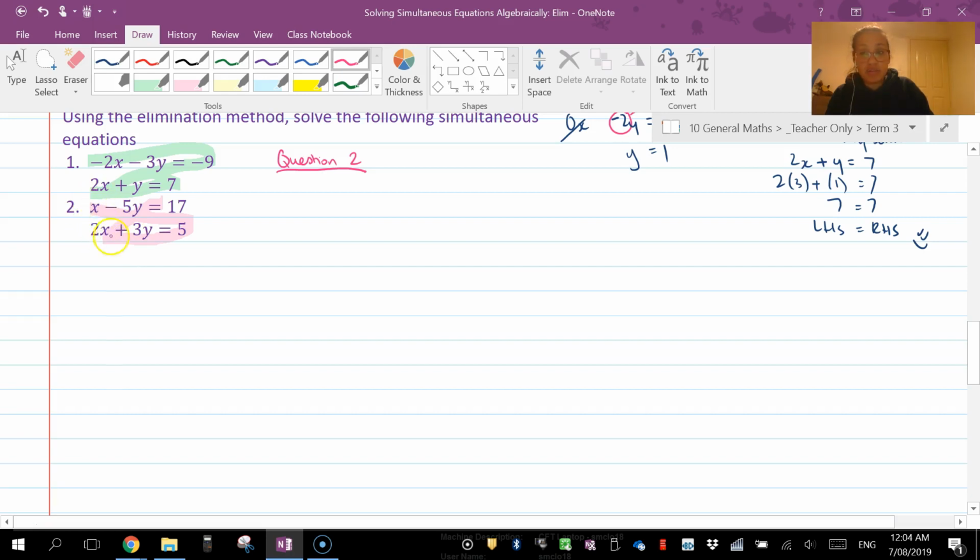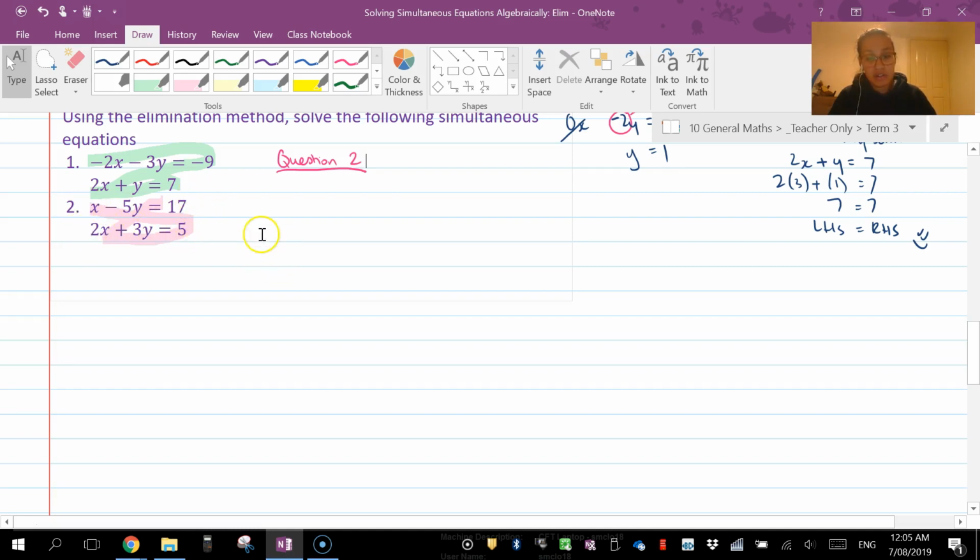If I'm adding or subtracting, whatever the case is, I'm not going to be eliminating a variable. So what I can do is multiply one of the equations to give us a coefficient that matches. In this case, I could double this equation and it would still be the same. It would still have the same values, but it would at least allow me to eliminate with this one.